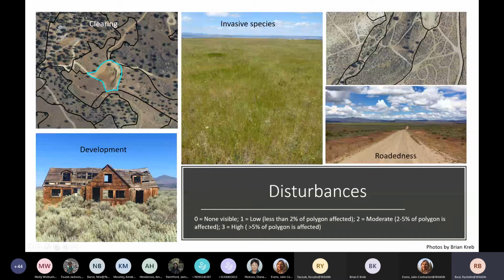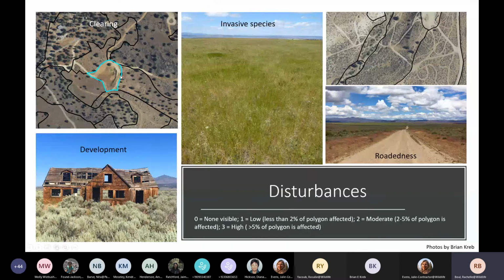Rosie will talk more in depth about the possible uses of at least one of these a little bit later, but in general, using this attribute, you can differentiate between highly disturbed and relatively pristine sites, and then spatially identify them. And then in combination with other attributes, you can determine potentially areas of potential restoration or conservation.